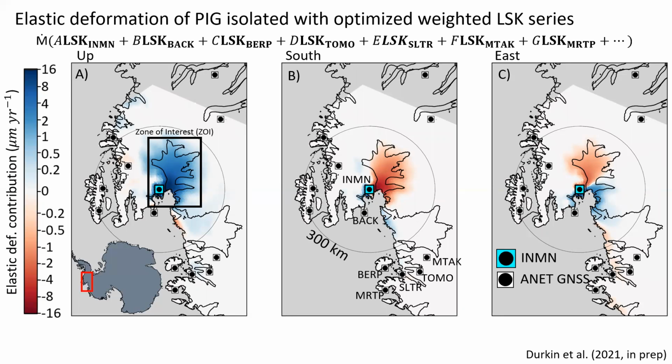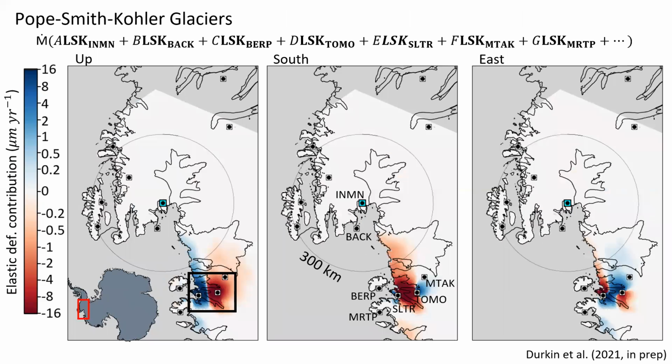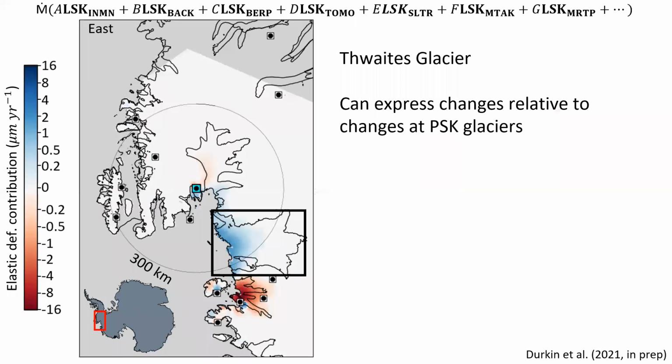It's possible to make this work for all three components of deformation here. Similarly, we're able to perform this at the Kohler glaciers, demonstrated here. And we can also do this at Thwaites Glacier, although in the case of Thwaites Glacier, we're only able to do this in the eastern component of deformation.